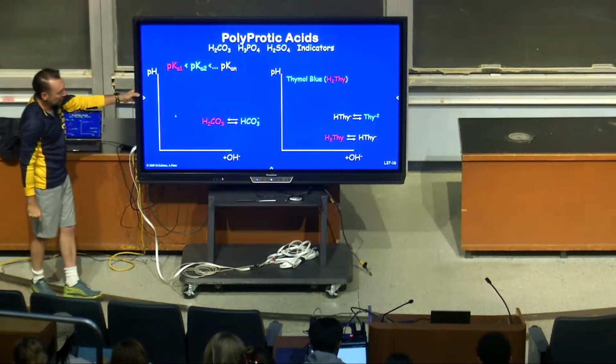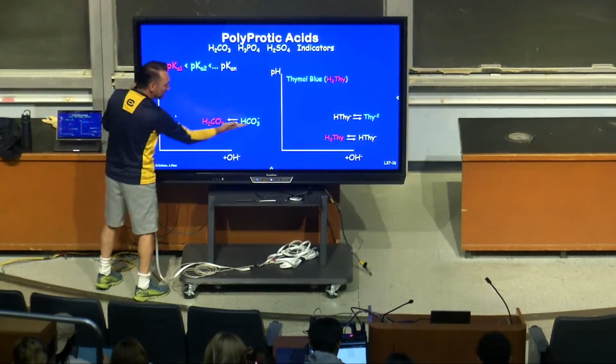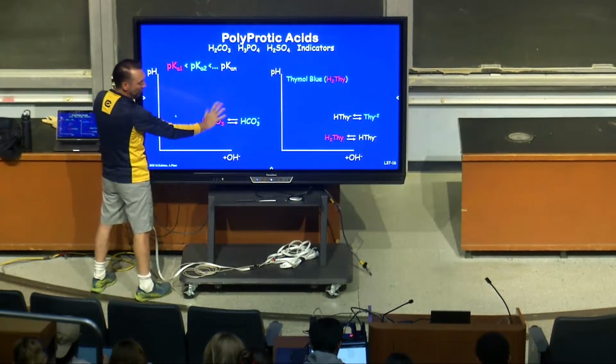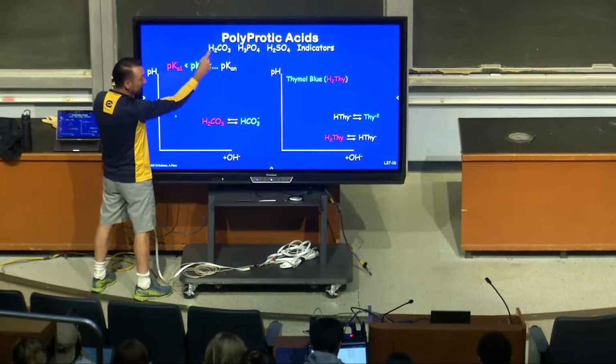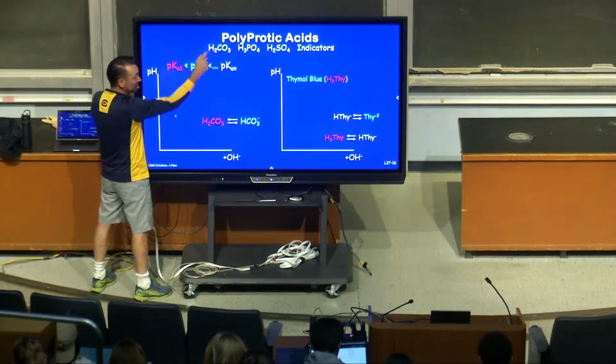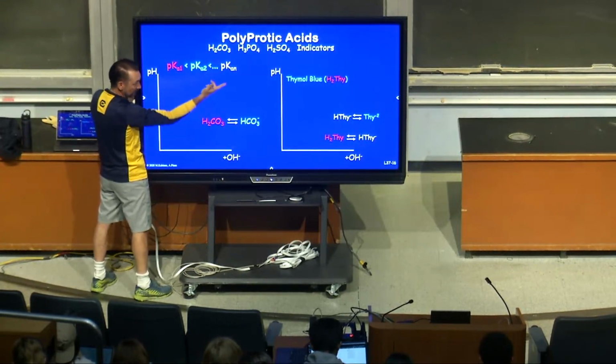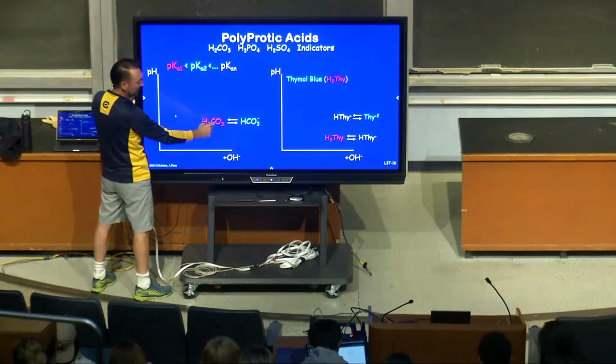pull off protons. So the first equilibrium is, and now I've taken the water out, the first equilibrium is for carbonate. This is the carbonic acid that we made yesterday with the carbon dioxide and water.